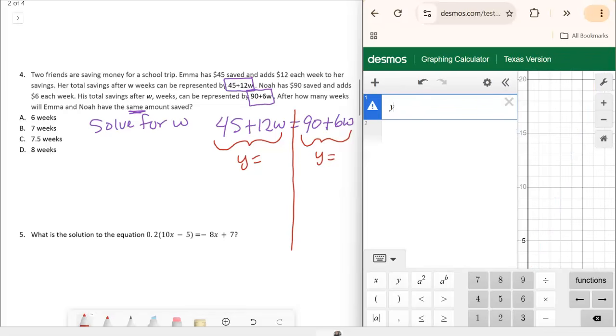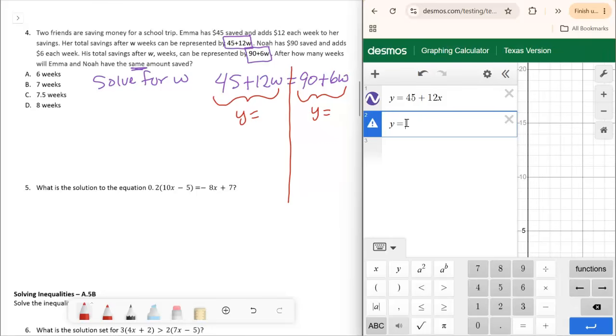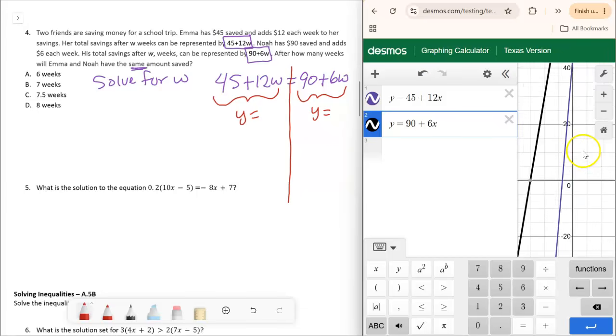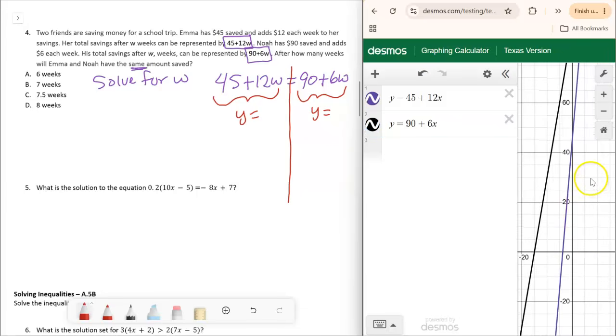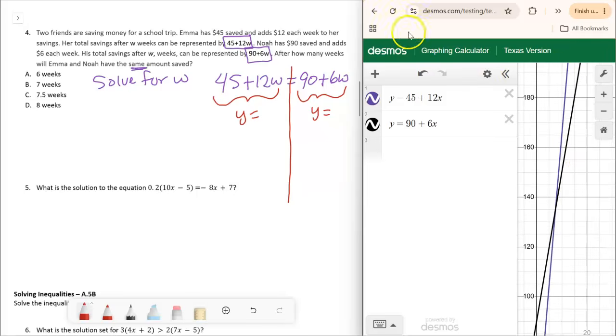Y equals 45 plus 12x, and y equals 90 plus 6x. Hit the house button and zoom out and go see where they cross. Okay, that will be your answer.